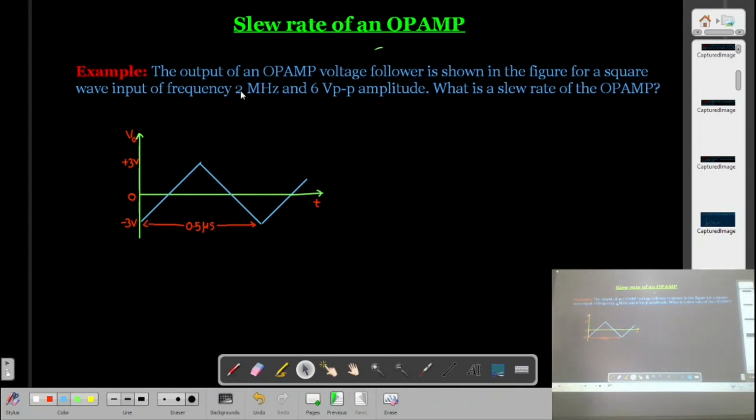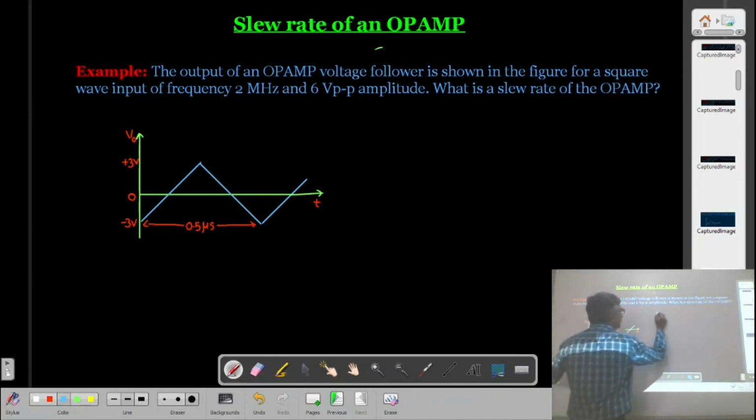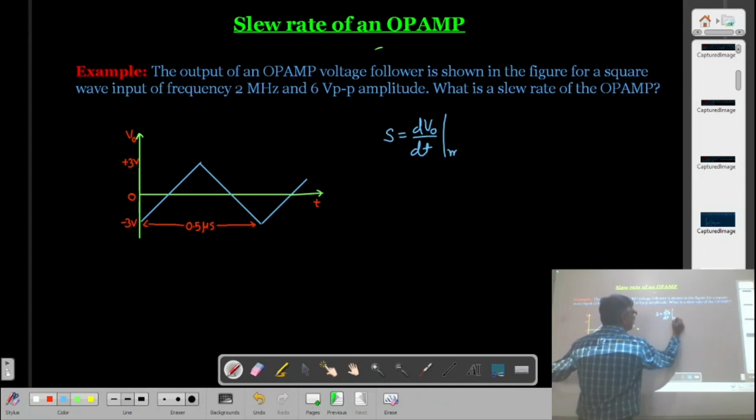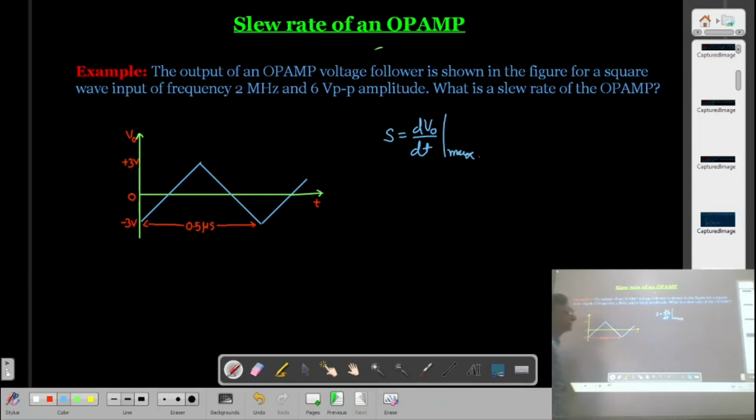So the slew rate is nothing but, we have defined the slew rate as dVo by dt maximum. dVo by dt means simply you have to find out the slope of this.